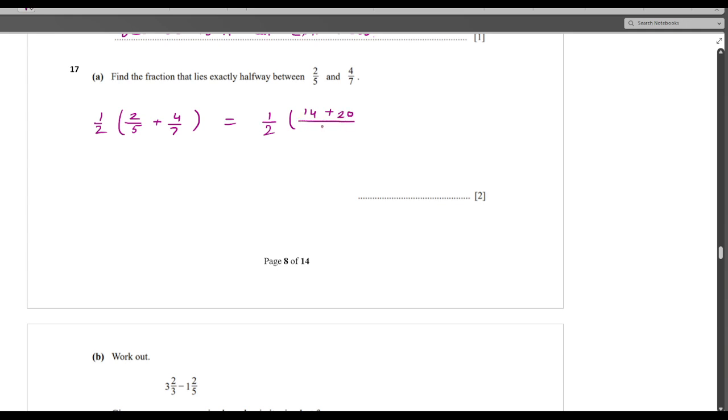So 14 plus 20 divided by 5 times 7 is 35. So this will give you 1 by 2 times 34 divided by 35. So I will cancel and it will be 17 divided by 35. So 17 divided by 35 is your result.